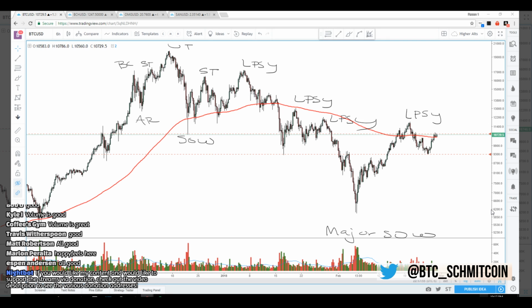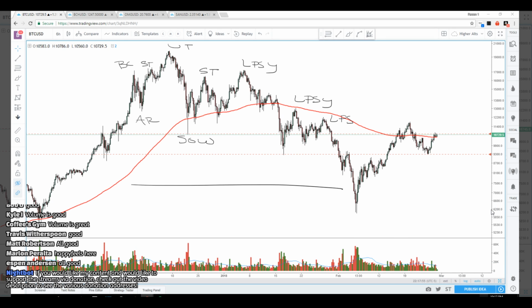So what does last point of supply mean, right? If you're thinking about supply and demand, within market dynamics there's a push and pull of supply and demand. If there's higher demand than supply, well, then the price goes up. If the demand is lower than the supply, and supply dominates the market, well, the price goes down because there's more supply than there are buyers, right?